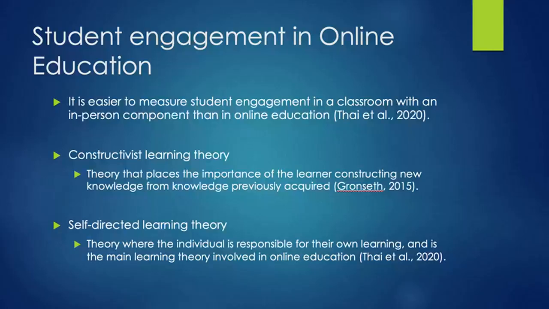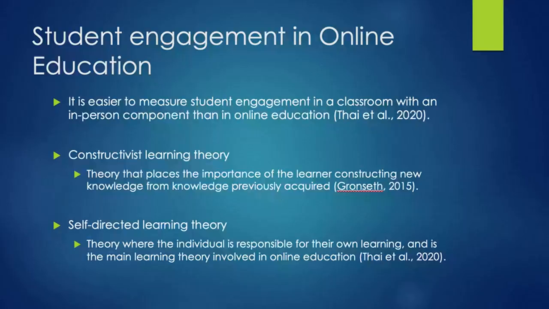Now, the second learning theory, which is very important not just for traditional educational settings but for online education, is the self-directed learning theory. Online education is very self-directed. It involves the individual taking charge of their own education, pursuing their own learning, and basically learning for themselves.